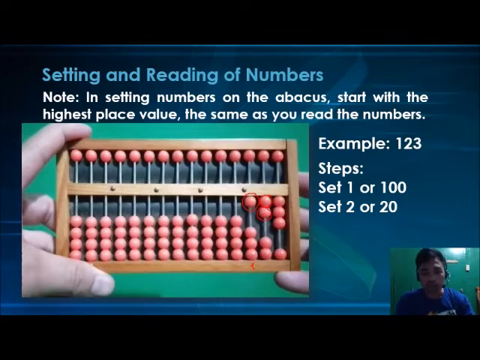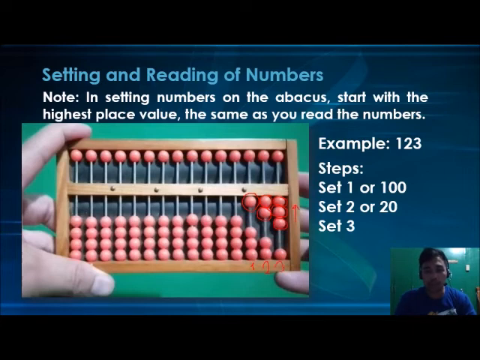It is 20 because it is in the tens place. Next step is set 3. It is 3 because it is in the ones place: 1, 2, 3. So, we just set it upward.